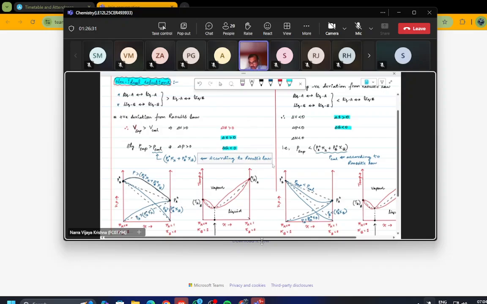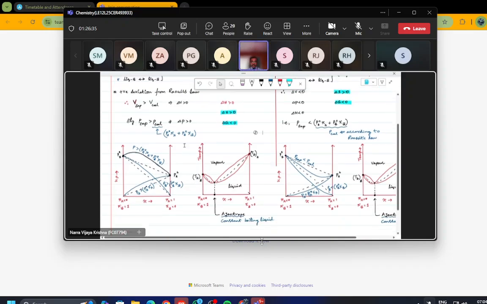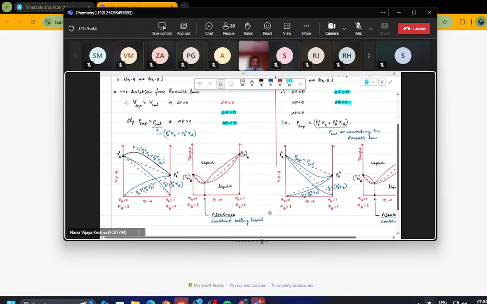Is this word necessary according to Raoult's law? Nothing, na? Not required, na? I am adjusting this a little left so that that graph also comes on the same line, same page.